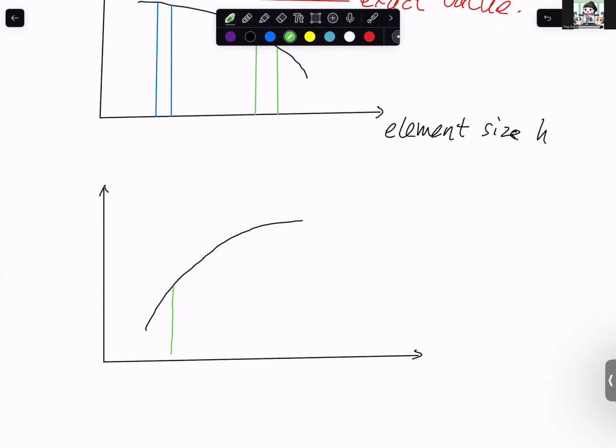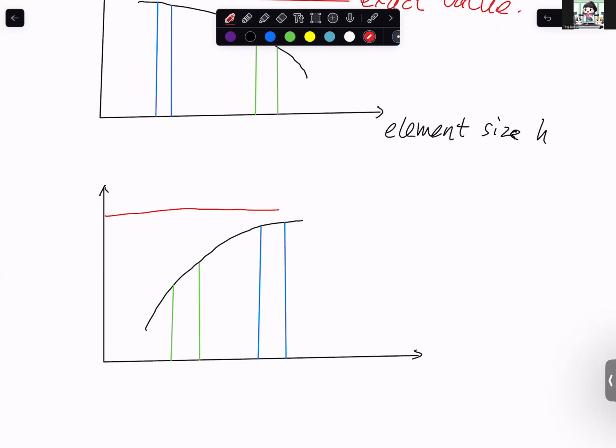Let's say at the beginning, you use this number of nodes or elements, and you get the corresponding stress results, and you refine it, and you see a huge stress or displacement result difference, and you know that you could continue doing it, until around this point, let's say you try this number of elements or number of nodes, and then keep refining it, and you don't see much difference in your stress or displacement result, and you know you are getting close to converge, and you can stop.